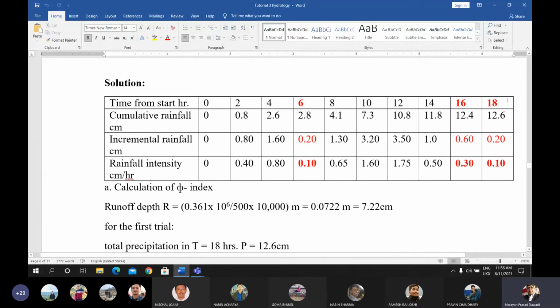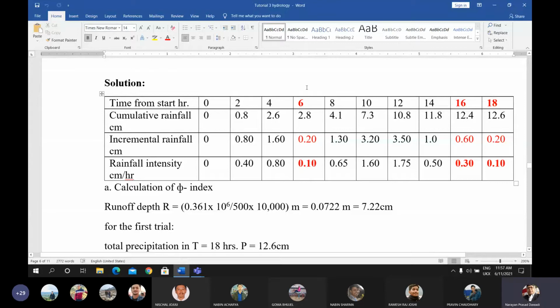These red marks are given here for understanding how I am doing the numerical. Now incremental rainfall for each interval: from 0 to 2 hours the incremental rainfall is 0.80. For 2 to 4 hours, 2.6 minus 0.8, it will become 1.8.